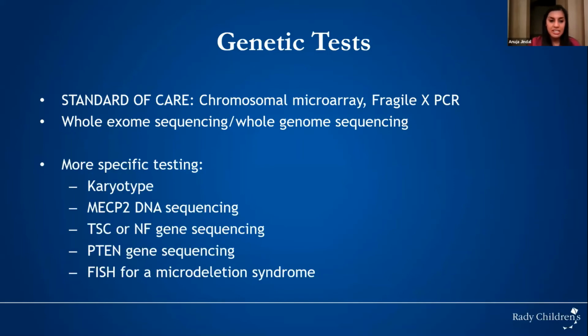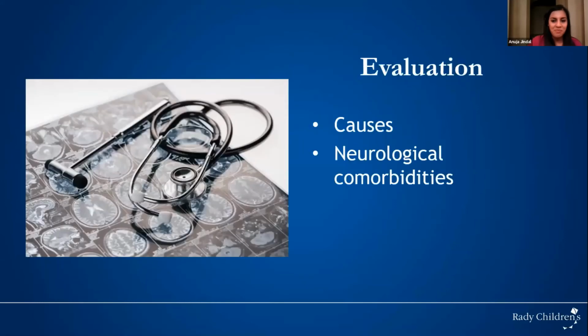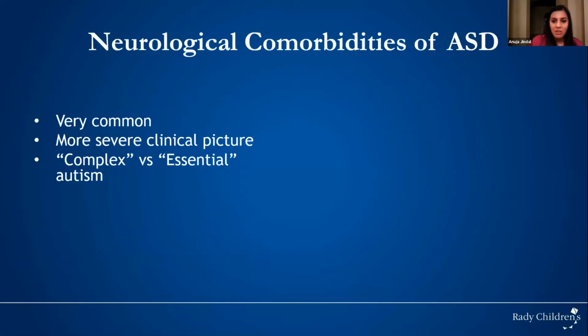There are other genetic tests that we'll sometimes do if we're concerned about some specific disorders, which are listed here, and I won't go into them right now. So we talked about causes and evaluation for possible causes, but there are other comorbidities that are associated with autism that we'll sometimes see in children with autism spectrum disorder.